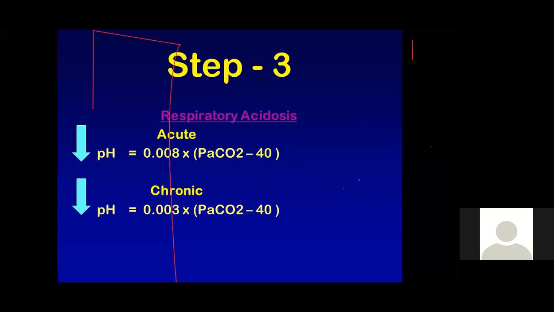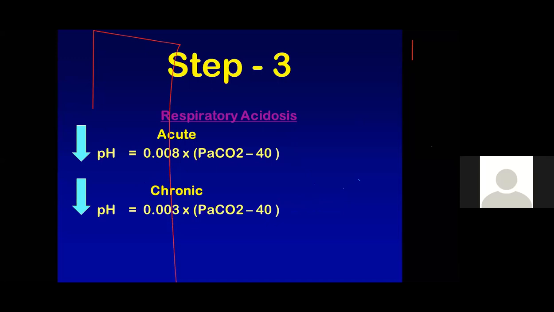This is the formula which you have to utilize, whether it is for respiratory acidosis or respiratory alkalosis. I will give you the formula the other way. For respiratory acidosis, you will understand better with an example. Note down: whenever the pH is low, for acute you calculate 0.008 into PaCO2 minus 40. 35 to 45 is a normal PaCO2, but as a standard, we can take it as 40.